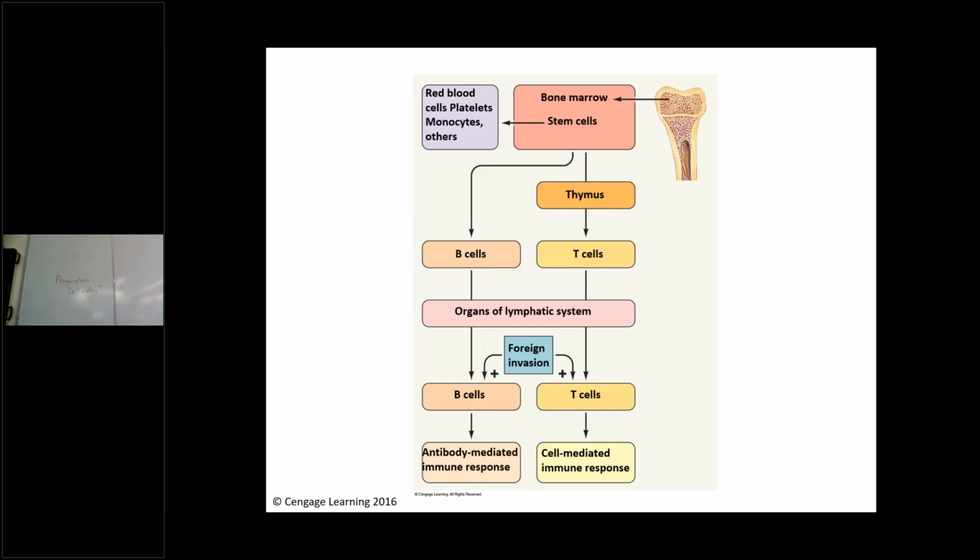This image here shows you as far as the bone marrow, B cells, the T cells, the thymus gland, and what goes on as far as that. You'll see at the very bottom, I want you to highlight this and write this down, put it in your notes. Antibody-mediated immune response, cell-mediated immune response.